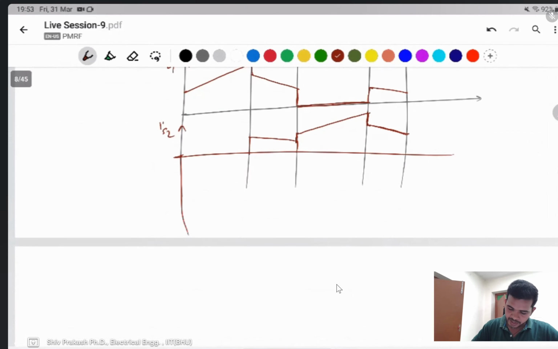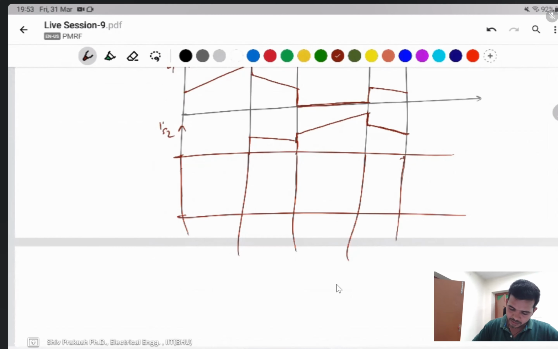Then what is the primary winding current? You can say that the primary side current is NS divided by NP times IS1 plus IS2.